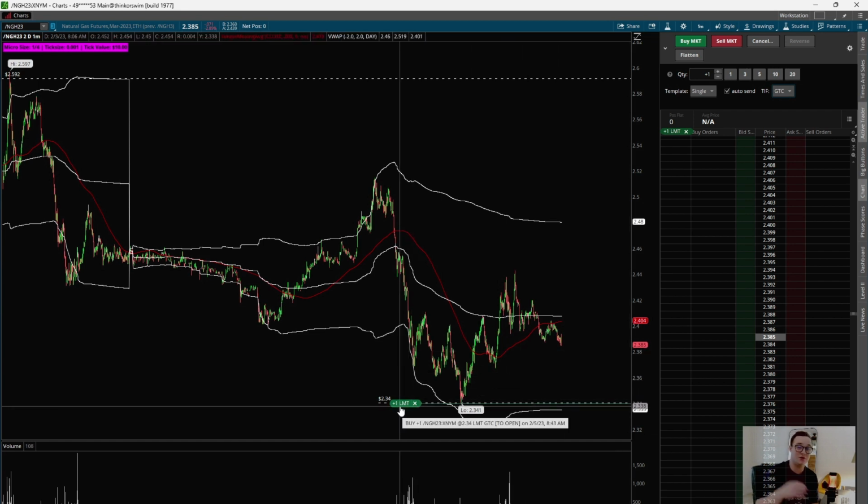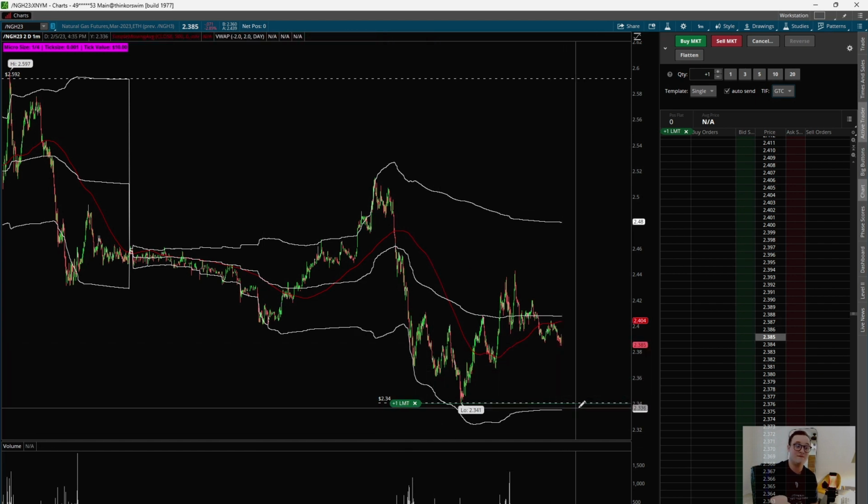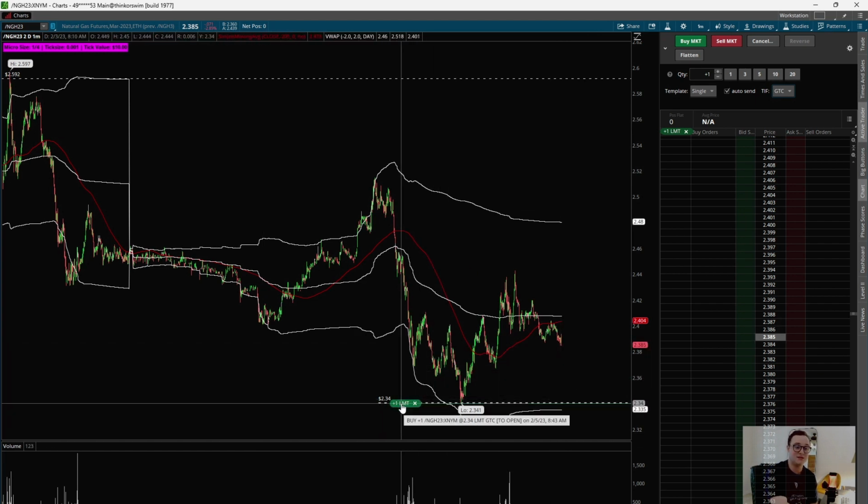And then on the long side, in order to exit a position, we have to sell the contract once we get into it. So let's just pretend the price comes down here and fills this order. Essentially, we would see a 1 here, signifying that we're in one contract. And then to get out of that position, we'd have to sell that contract.